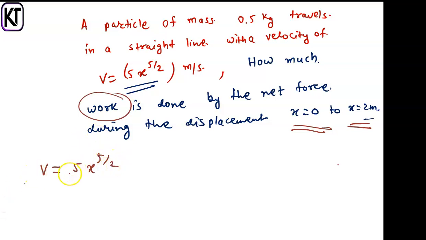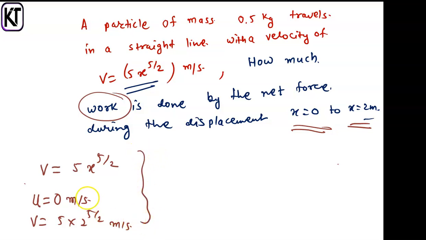Now when x is 0, we can consider it as initial velocity u, and that velocity would be 0 meter per second. Secondly, when you substitute x equals 2 here, that makes the final velocity, and that will be 5 times 2 to the power 5 by 2 meter per second.